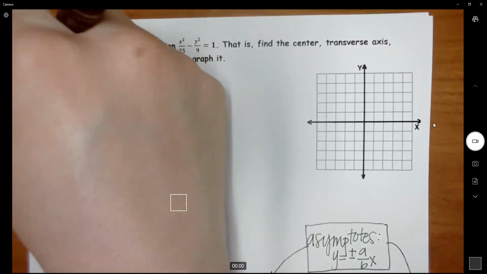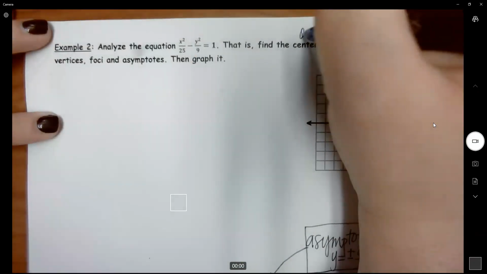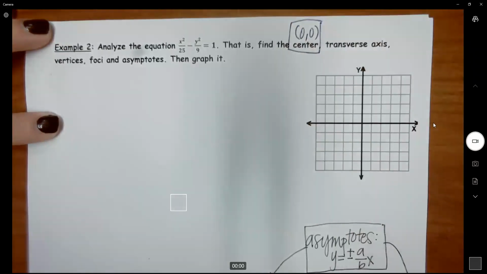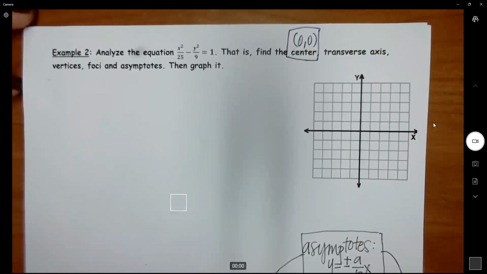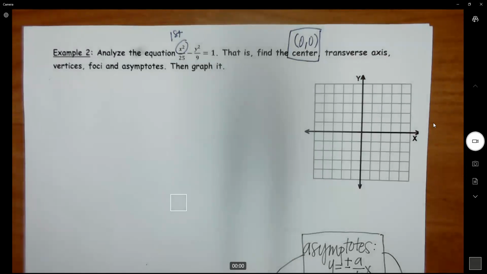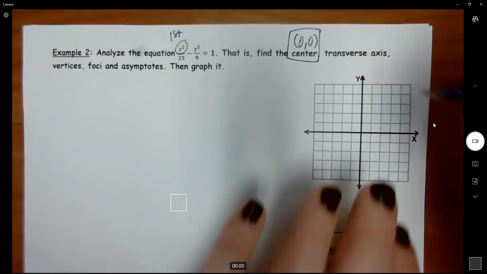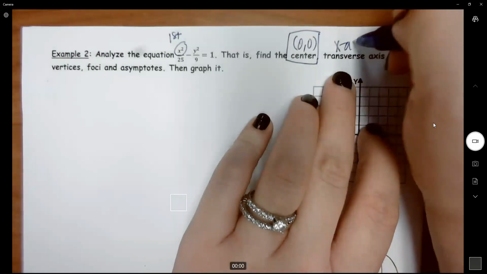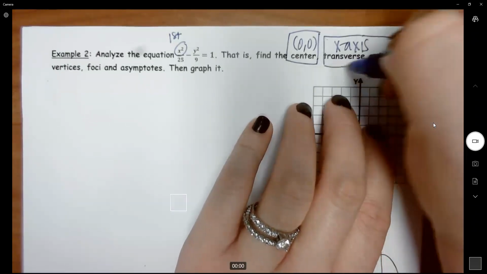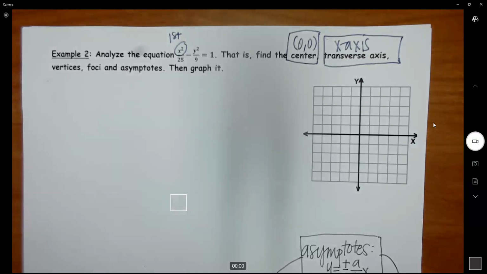I'm going to put that right up here. The center is 0, 0. Because my x is first, that makes my transverse axis my x-axis. Okay, so vertices, foci, and asymptotes.